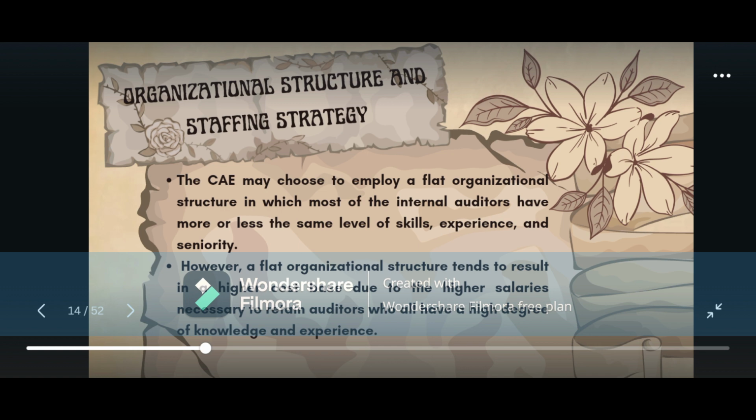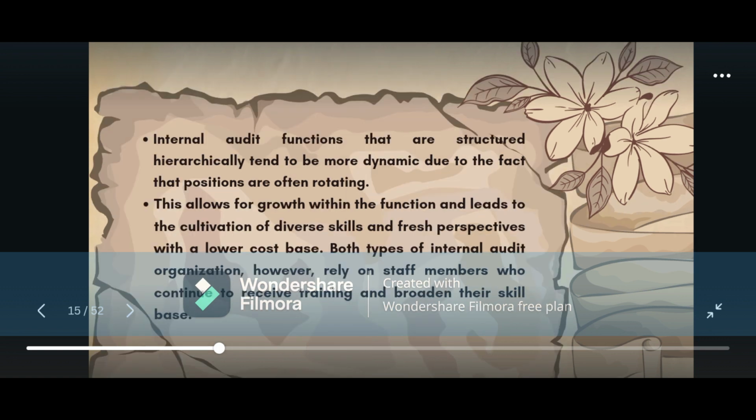However, a flat organizational structure tends to result in a higher cost base due to the higher salaries necessary to retain auditors who all have a high degree of knowledge and experience. Internal audit functions that are structured hierarchically tend to be more dynamic because positions are often rotating, which means as the people in positions near the top of the organizational structure move up and sometimes out of the function, the people in subordinate positions move up into the recently vacated positions.